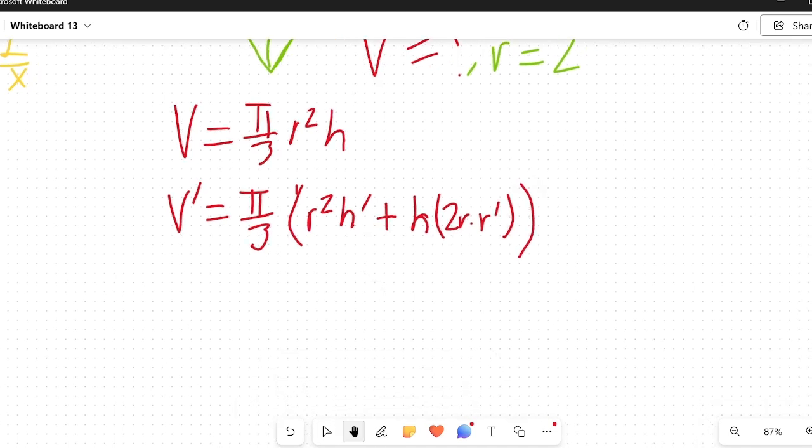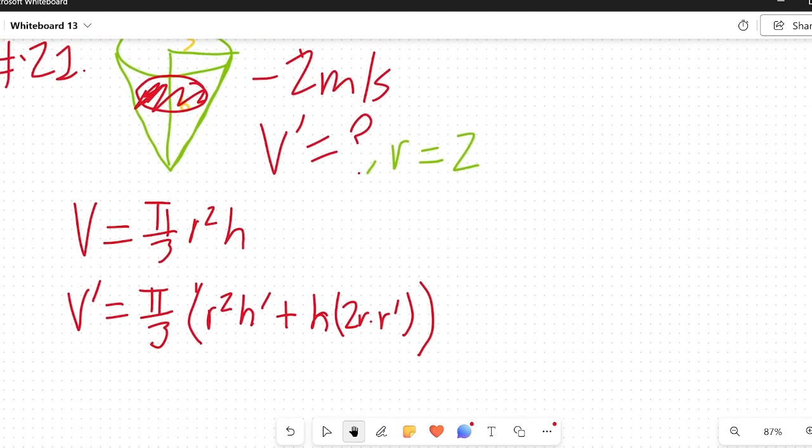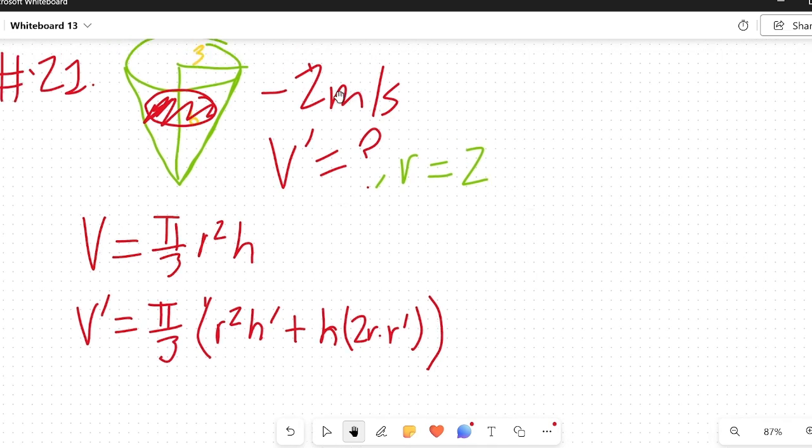What we have to do in order to solve for this is make an equation that relates radius and height together, because we only know that the height is decreasing at a rate of -2 meters per second. If we take a cross section of this cone, the max radius is 3 and the max height is 6.